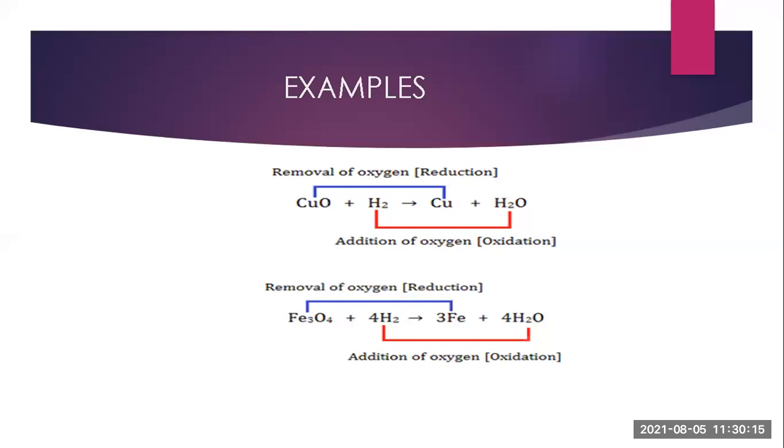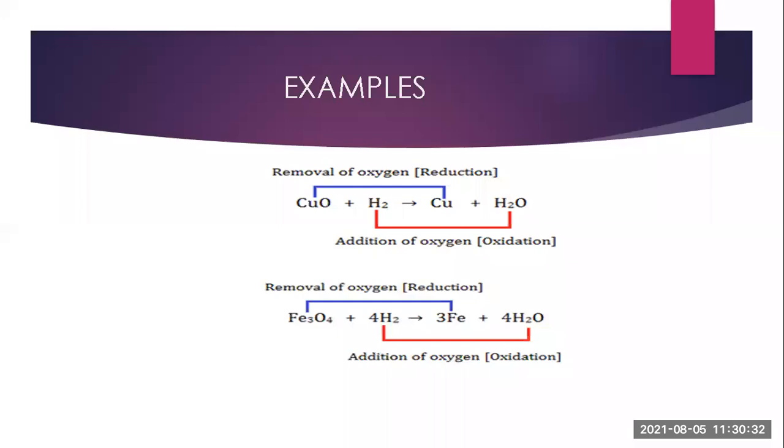Here Cu will get reduced and in the product we will get Cu only. And the oxygen which is lost by the Cu is gained by the hydrogen. So as addition of oxygen is taking place in the hydrogen, here we can say oxidation of that particular hydrogen is taking place.